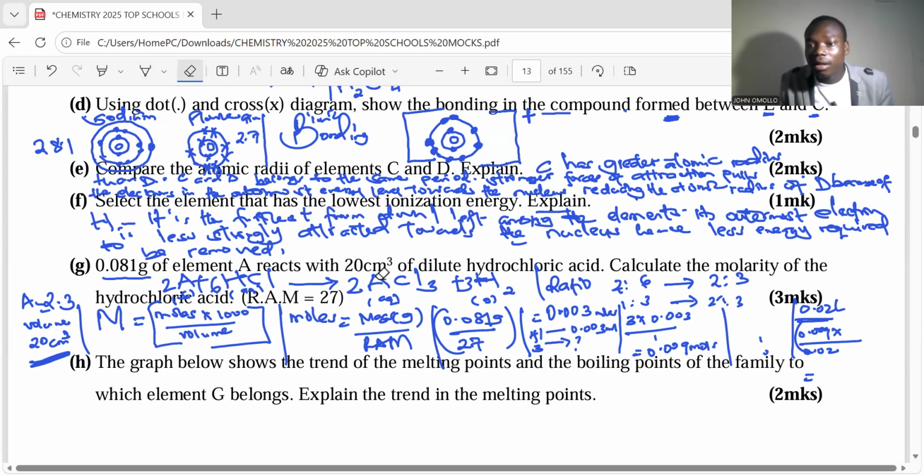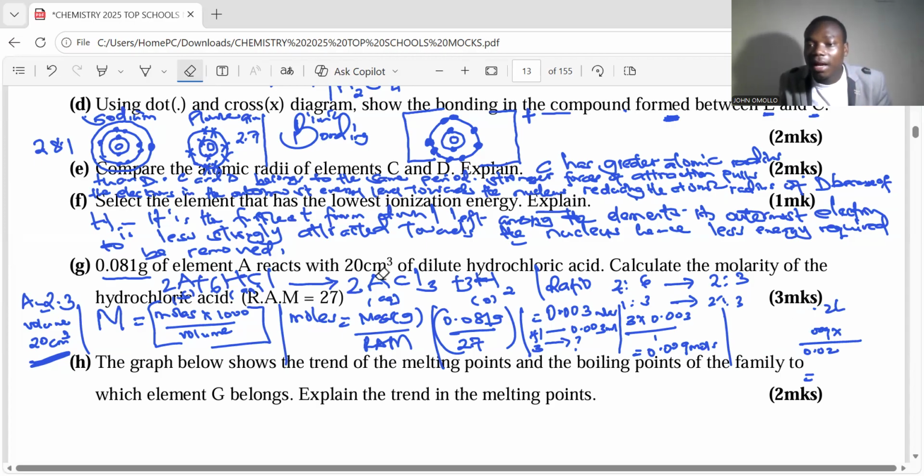Since we converted just 20 cubic centimeters into liters, we can just multiply directly from our formula, because the formula says moles times 1,000, and that 1,000 is directly converting cubic centimeter to liters by telling us that 1 liter is equal to 1,000 centimeter cubed.